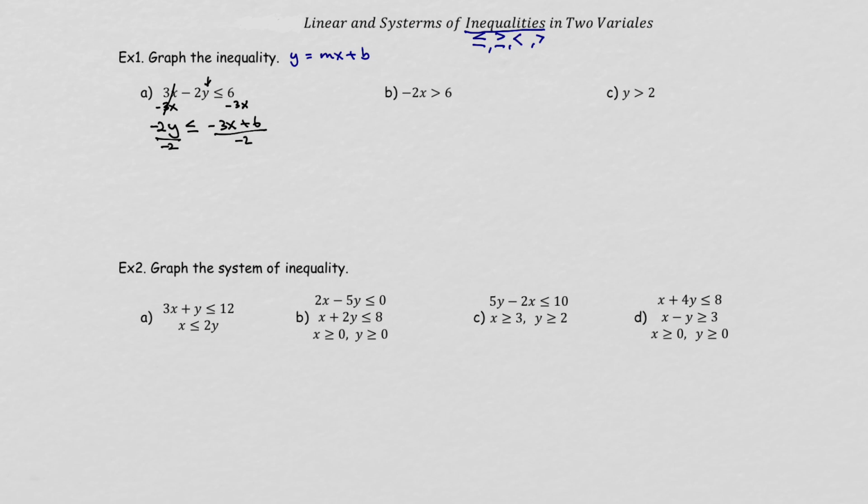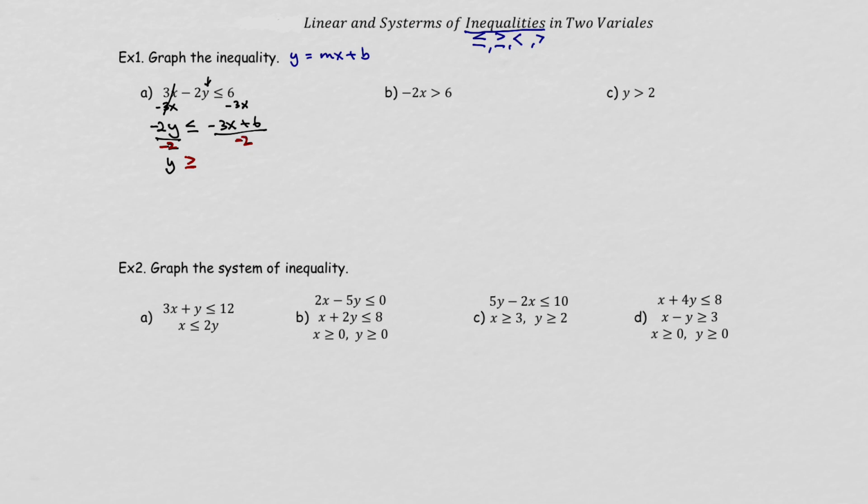You will get y is now greater than or equal to. Why is that greater than or equal to? Because you just divided by a negative, right? That's the difference between equations and inequalities. When you're dividing or multiplying with a negative number, you're going to flip your inequality sign. And everything else is the same as solving equations.